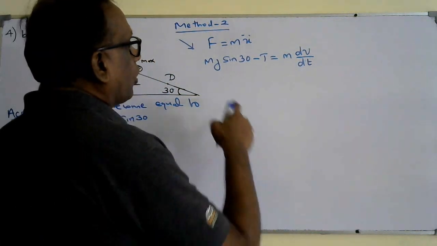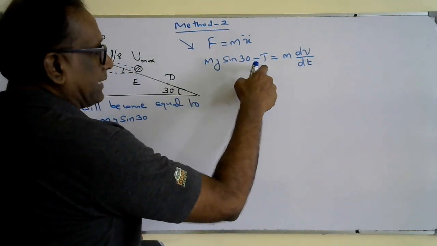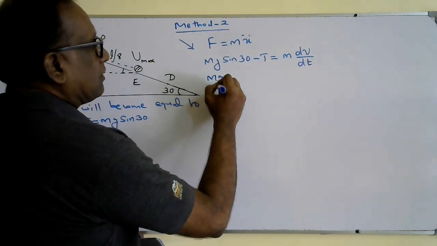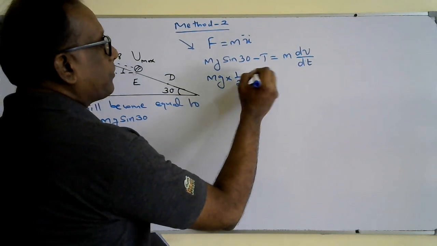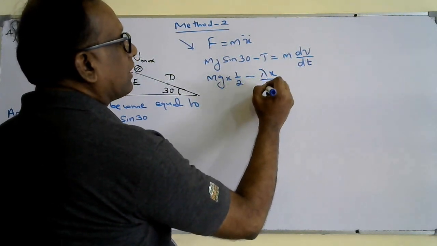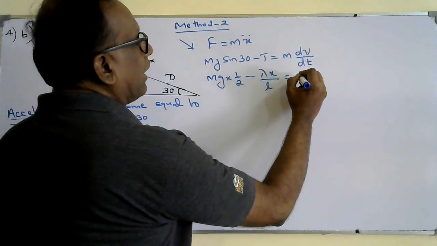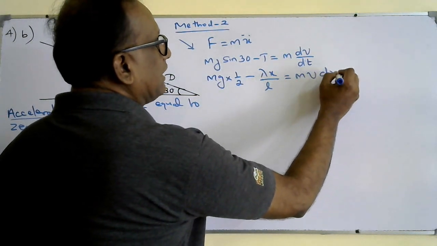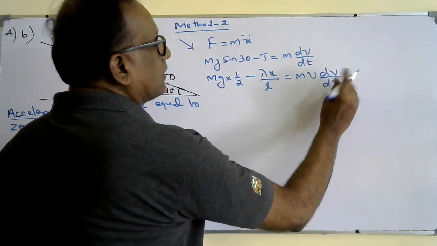So mg sin 30, that is mg by 2, minus T, that is lambda x over L, equal to m v dv over dx.